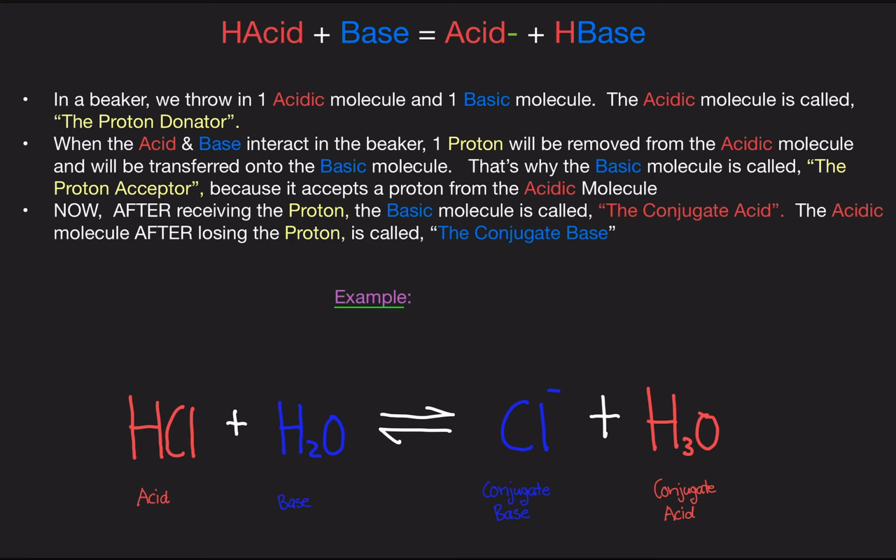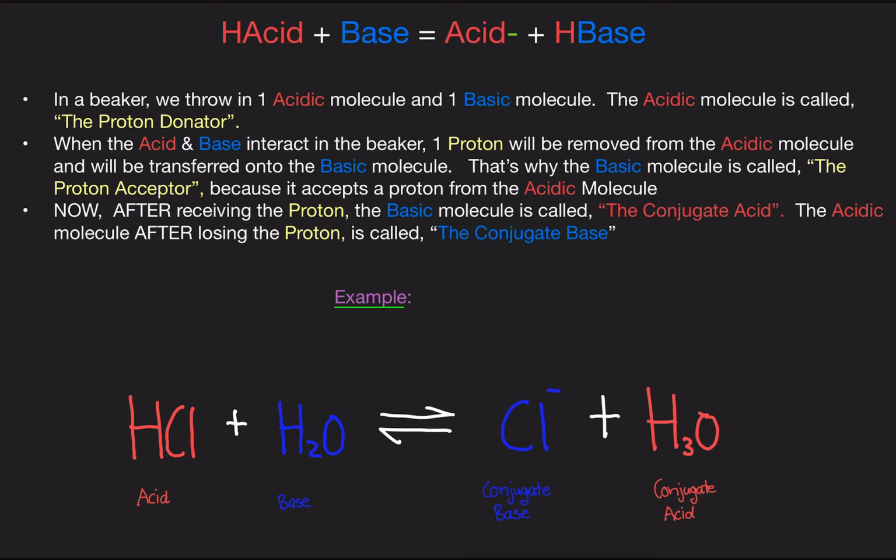So in a beaker, we're going to throw in one acidic molecule, and then we're also going to throw in one basic molecule. The acidic molecule is called the proton donor. Why? When the acid and base interact in the beaker, one proton will be removed from the acidic molecule and transferred to the basic molecule.